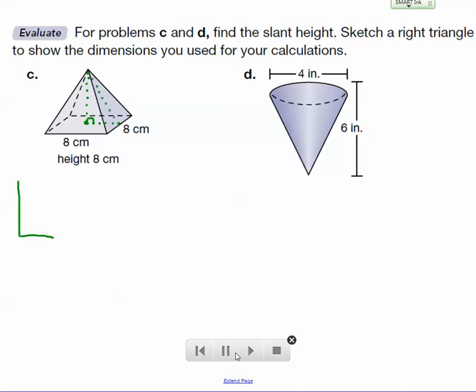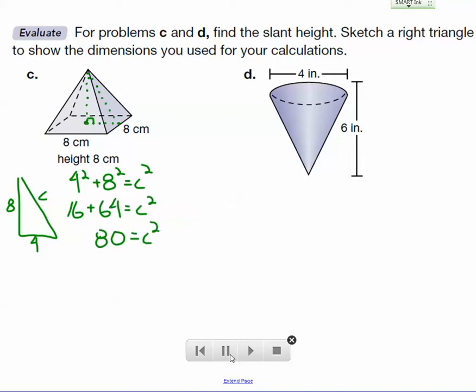So that would be 8 high, because it says 8 right here. It's going to be 4 wide, because it's 8 wide totally, and we only need half of that, 4. We're trying to figure out the slant height. I'm going to call it c because it's the hypotenuse of a right triangle. So we're going to do 4 squared plus 8 squared is equal to c squared. That's the Pythagorean theorem.